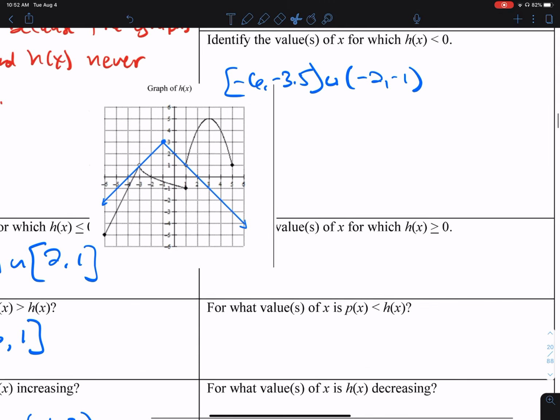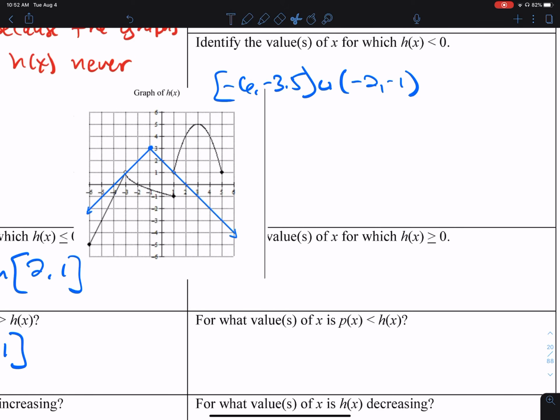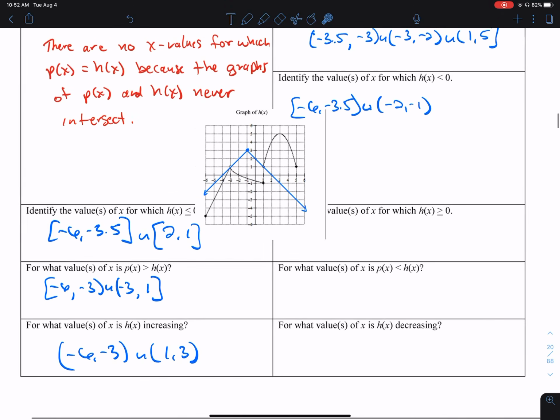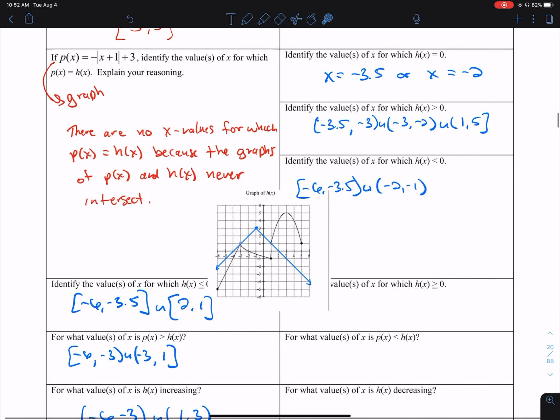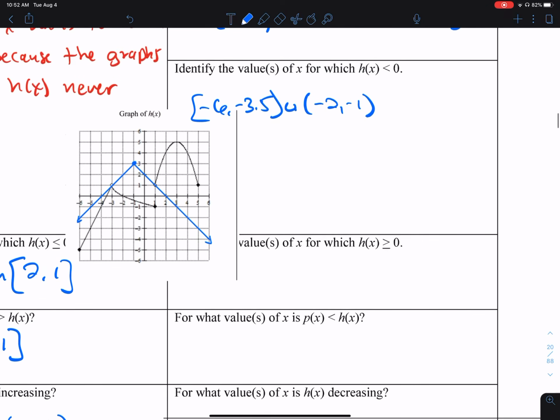Identify the values of x for which h of x is greater than or equal to 0. Greater than or equal would be from here to here. It includes the endpoints, but doesn't include this negative 3. So let me write that down. That's negative 3.5 inclusive because that's on the x-axis.